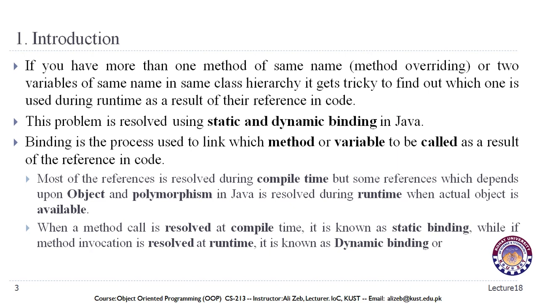While if a method invocation is resolved at runtime, that is known as dynamic binding or late binding. In dynamic binding, we do not know until we run the program which method is going to be called or executed.